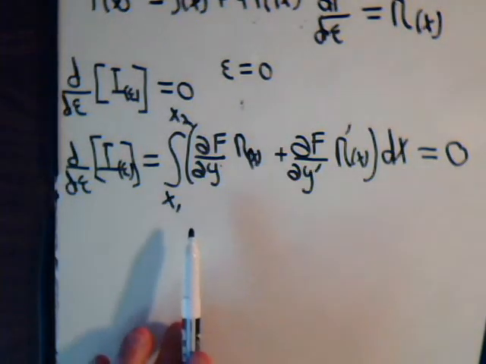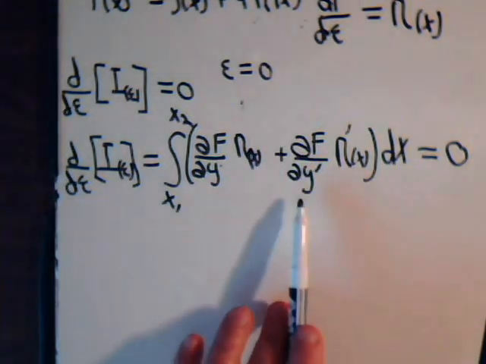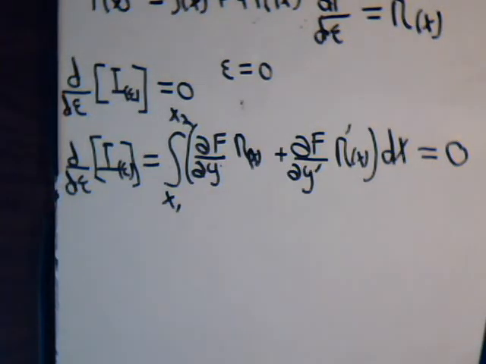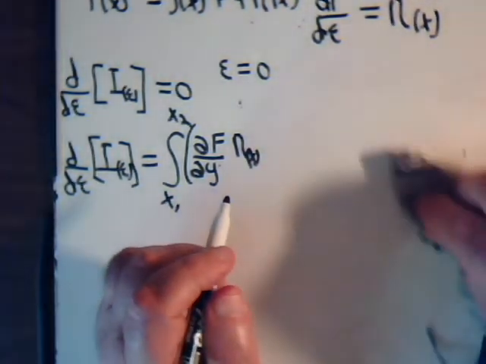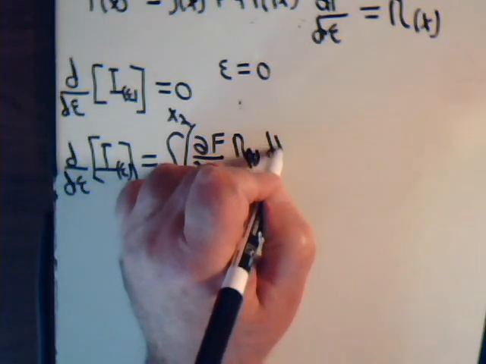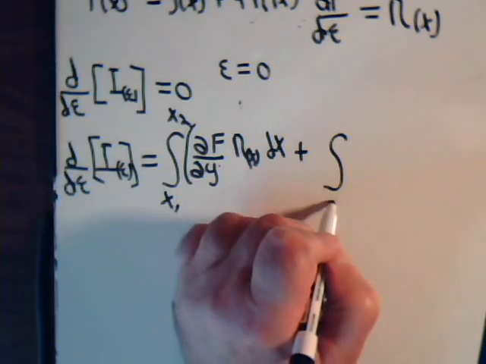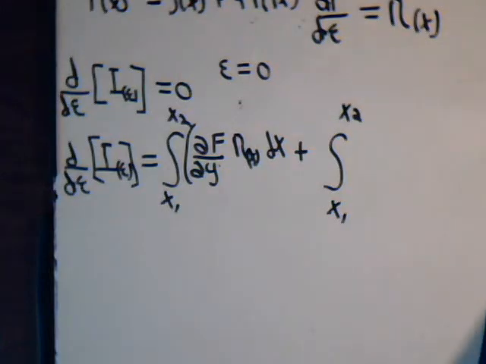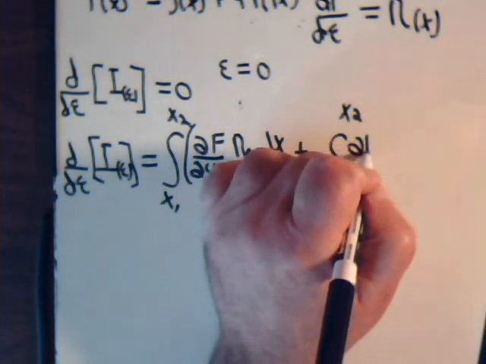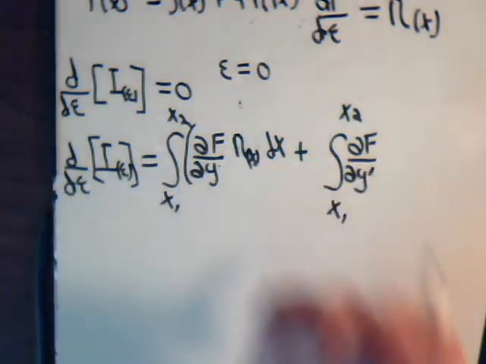And let's write this as two integrals. We'll have dx here plus another integral sign here. So it's going to be written like this, dx here plus that second part of the integral, x1 to x2, and that was the partial of f with respect to y prime.